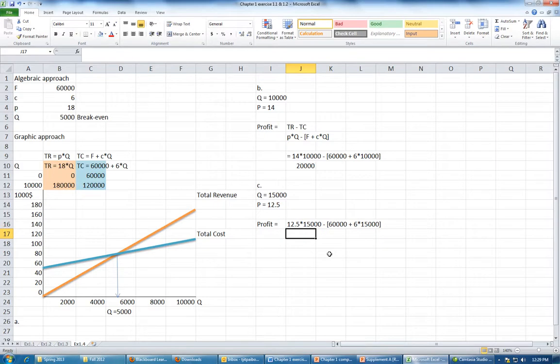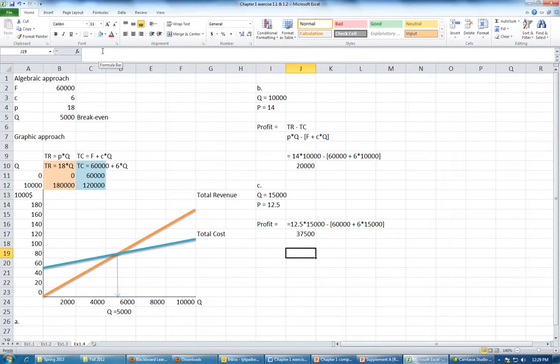Okay, and based on the calculation, let's put equal in there. So we will find out that the profit is 37,500.